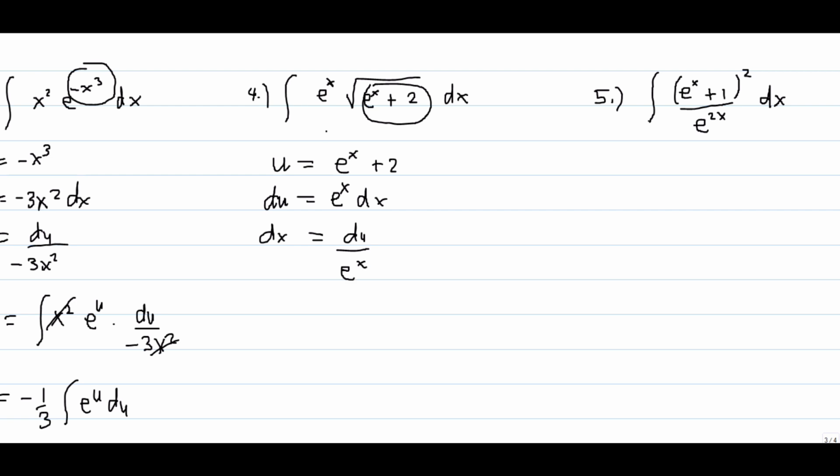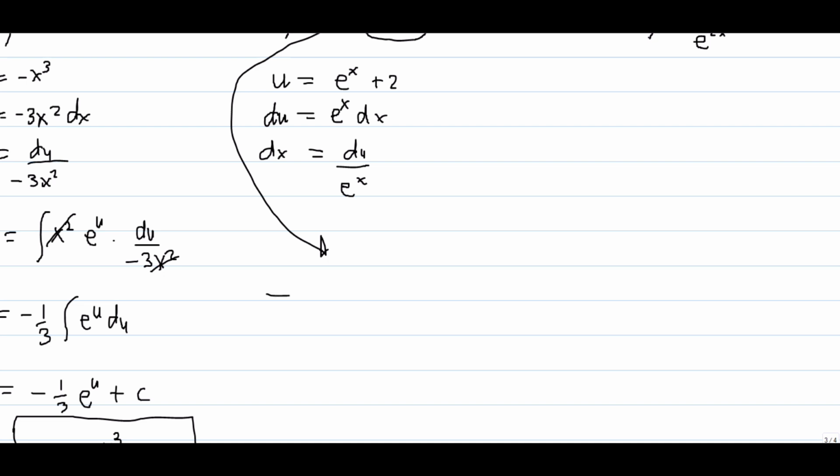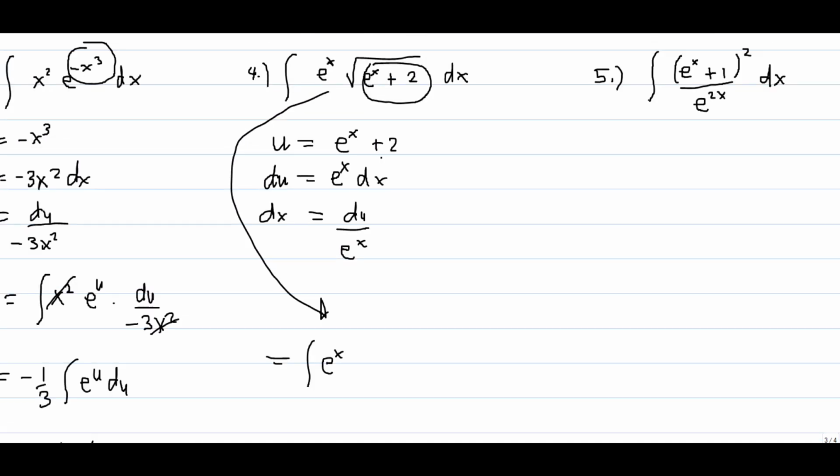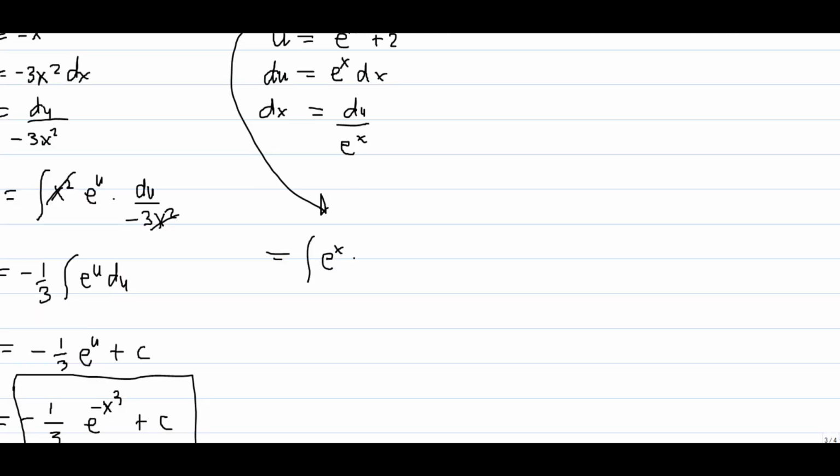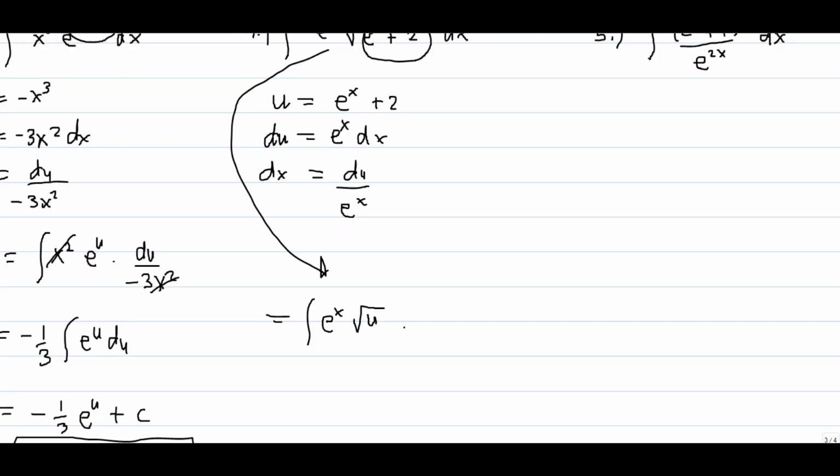From the problem given, we have the integral of e to the power x. Then I change e to the x plus 2, which is our u, so we have the square root of u. Then we have dx, which is equivalent to du over e to the power x.